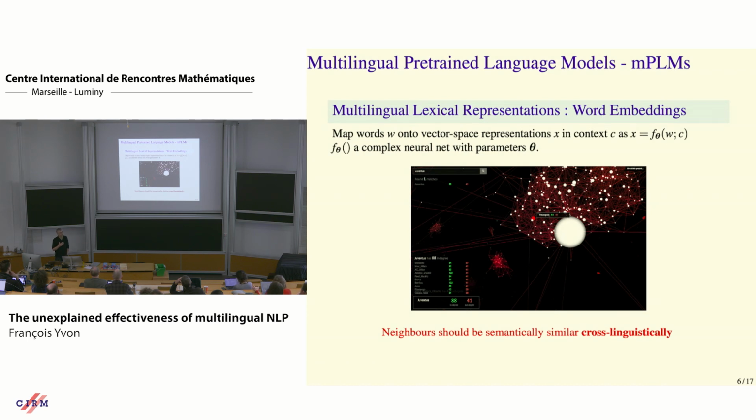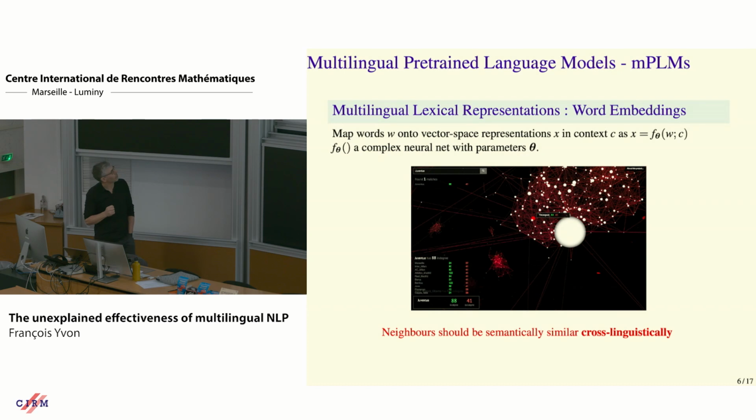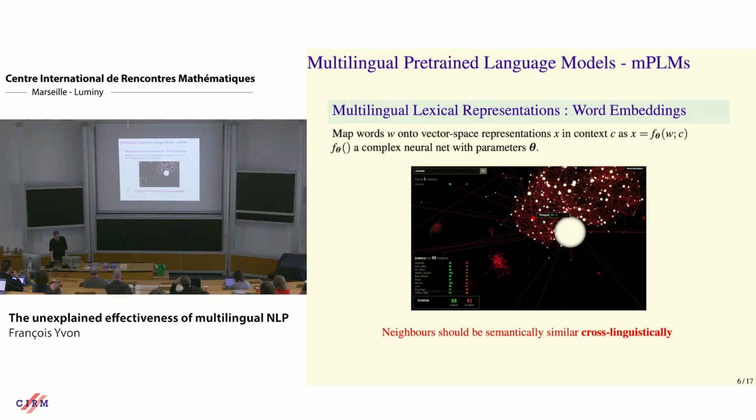The first thing, of course, as I mentioned already, is to develop multilingual lexical representation spaces. That is, to get word embeddings that would span across all the possible languages. To do this, we would like to get the structure of the underlying space of all the possible words in all possible languages, so that words that are semantically similar, maybe mutual translations, would be close in the embedding space.